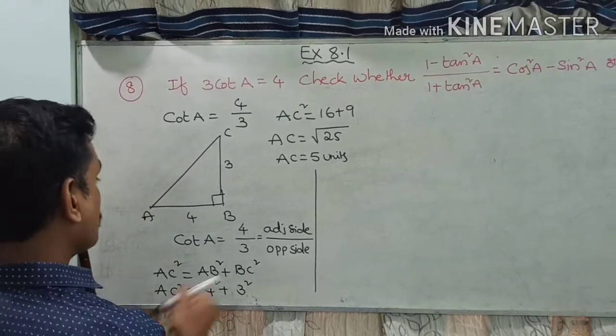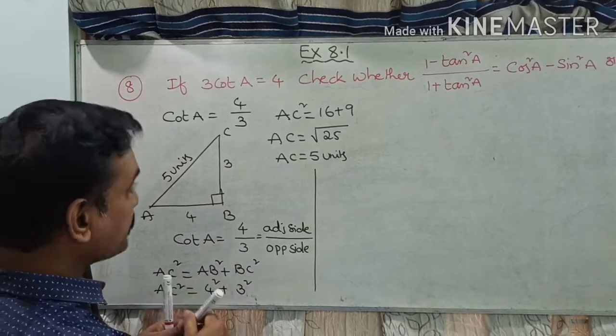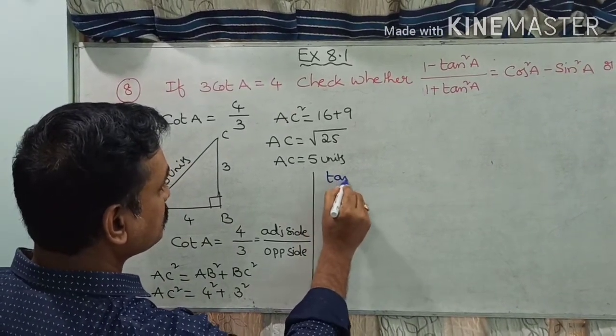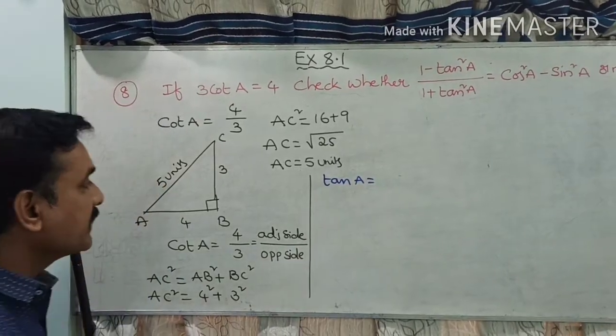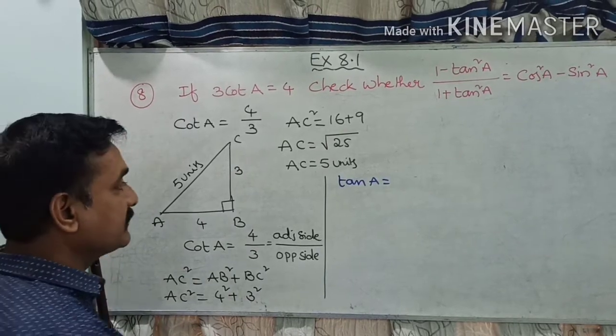Now AC equals 5 units, we are taking. Then tan A equals, the meaning of tan A is opposite side by adjacent side.